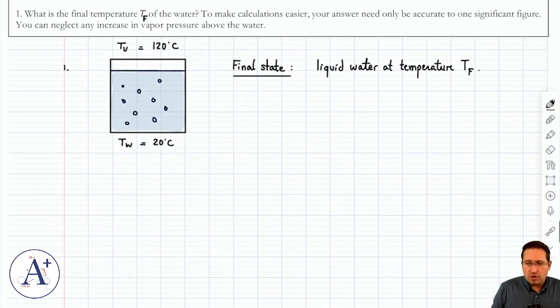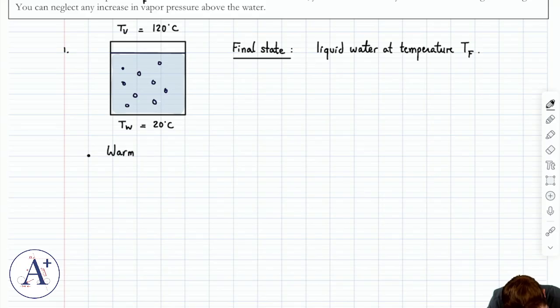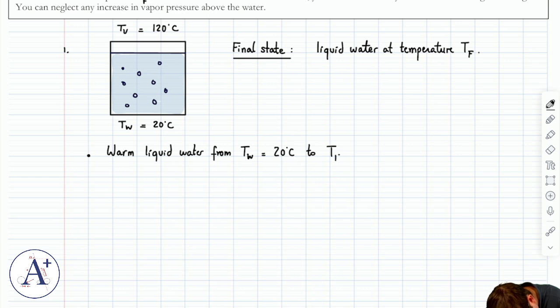Okay, so I need to know the final state because I need to know where I have to take each substance. In other words, I need to know that it's liquid water at temperature T final to say that one of the things I have to do is warm the liquid water from T water equal to 20 degrees to T final.